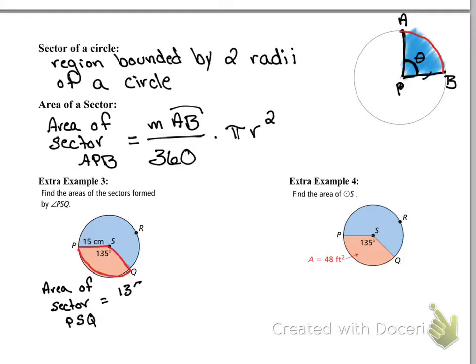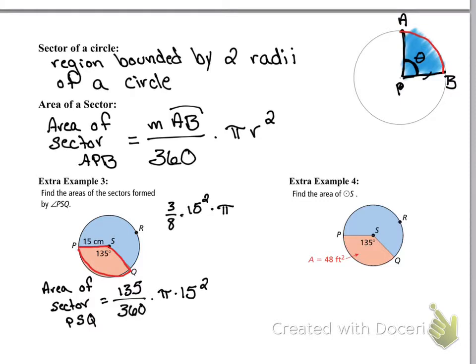It's 135 degrees of the whole 360 times pi r squared, which is 15 squared. So I would need to take 135 divided by 360, which gives me 3/8. So I need to take the 3/8 times the 15 squared times the pi.